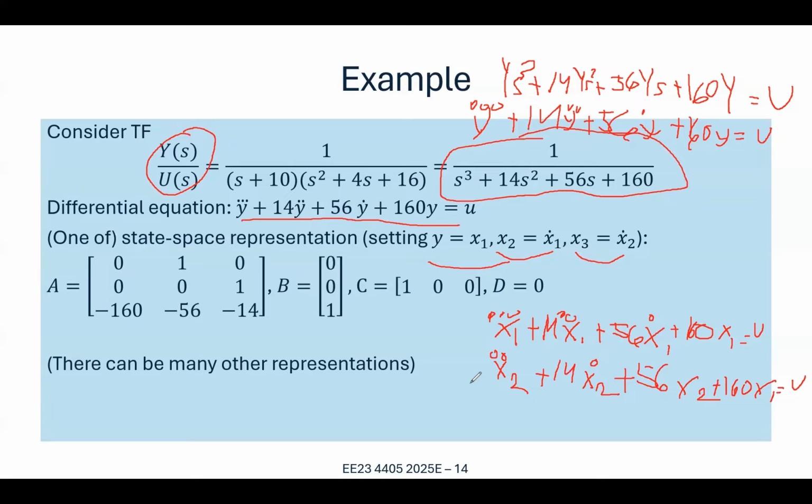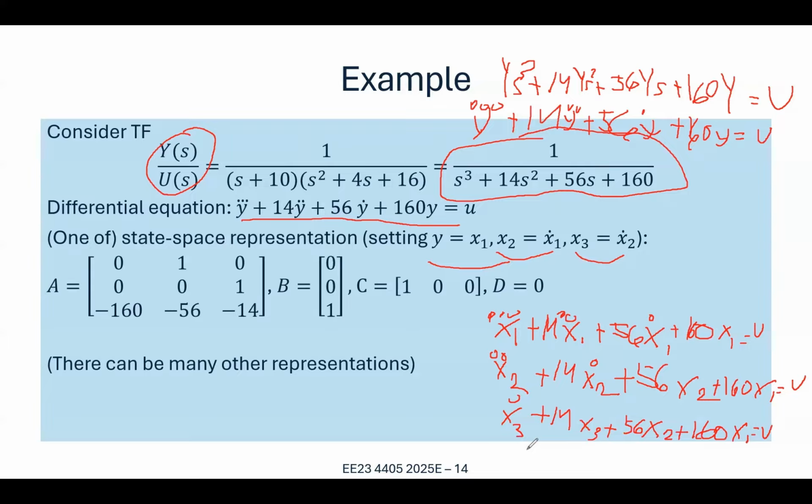And also here, x2 dot is x3, so this one is x3 dot plus 14 x3 plus 56 x2 plus 160 x1 equals u.